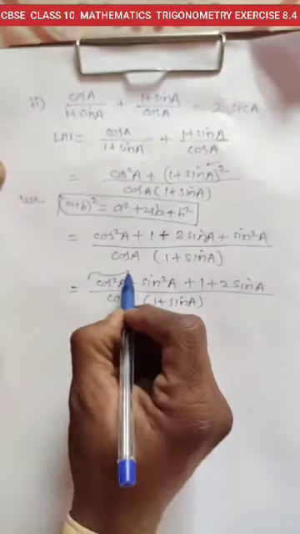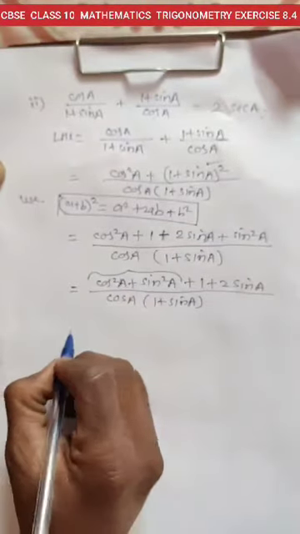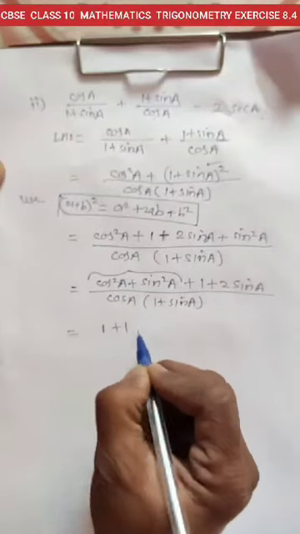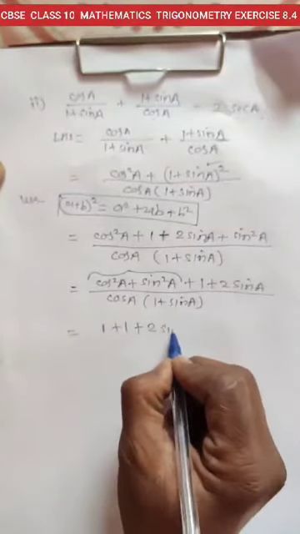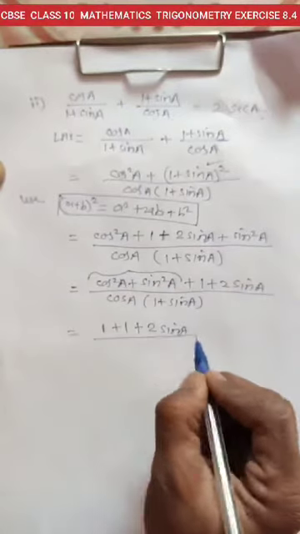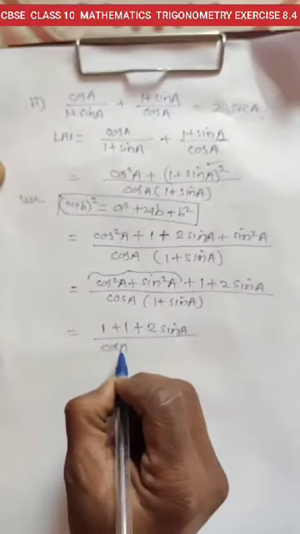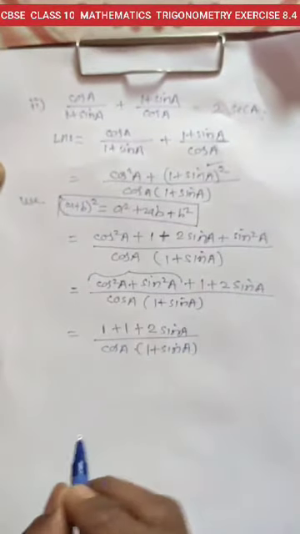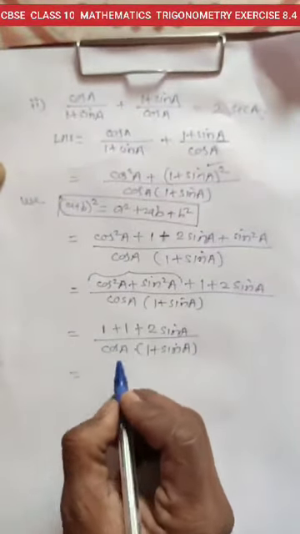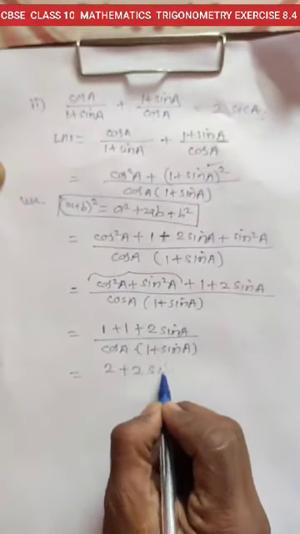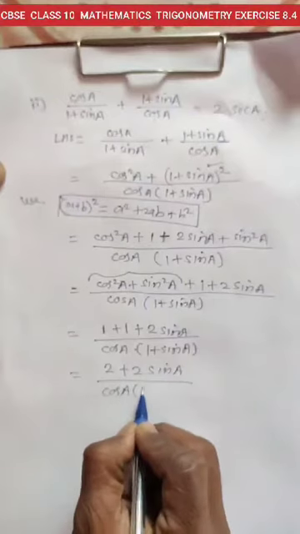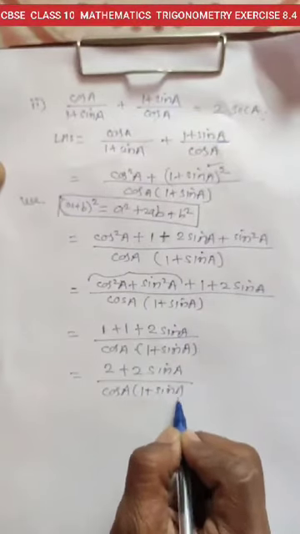So here we use the first identity: sin square A plus cos square A is equal to 1, plus 1 plus 2 sin A, divided by cos A into (1 plus sin A). So in the next part, 1 plus 1 is 2, plus 2 sin A, divided by cos A into (1 plus sin A).